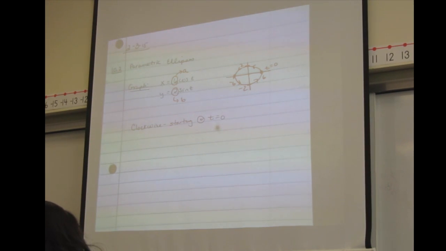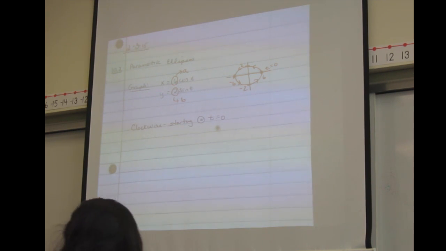Keep cosine and sine the same and make it as easy as possible for me to remember, because my brain just hurts right now. So you figure it out.